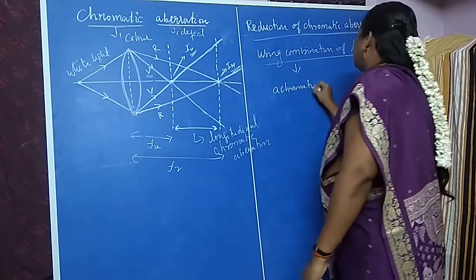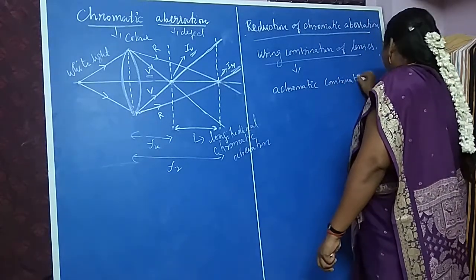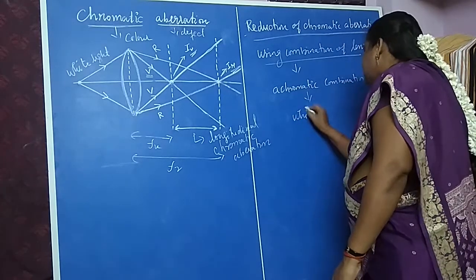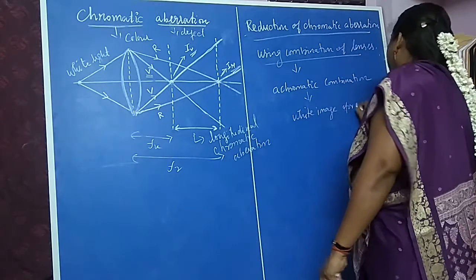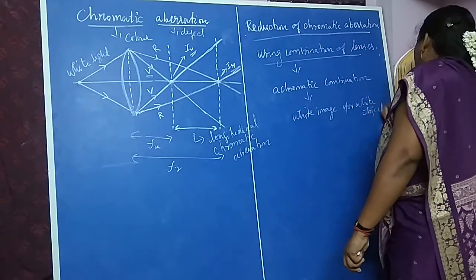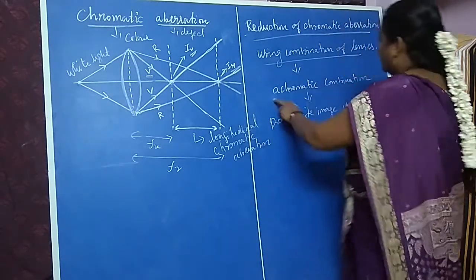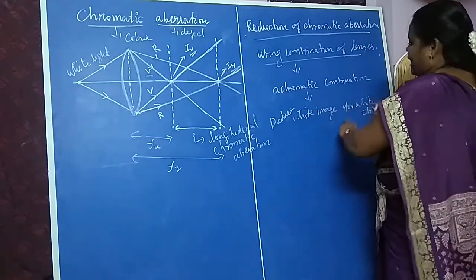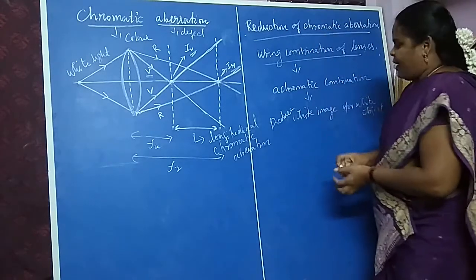This achromatic combination of the lenses will produce a white image for a white object. That means we will reduce the chromatic aberration.